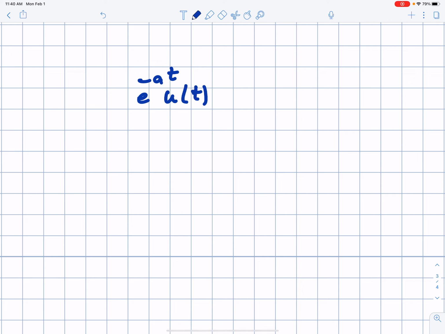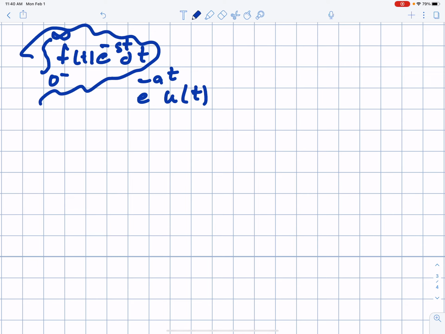All right, in a way that's redundant because the Laplace transform that we're looking at is one-sided, meaning when you look at that integral, it goes from 0 just to the left of 0 to infinity of the function. Okay, that's the definition of the Laplace transform.